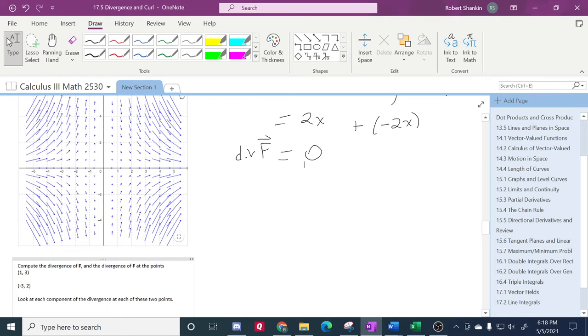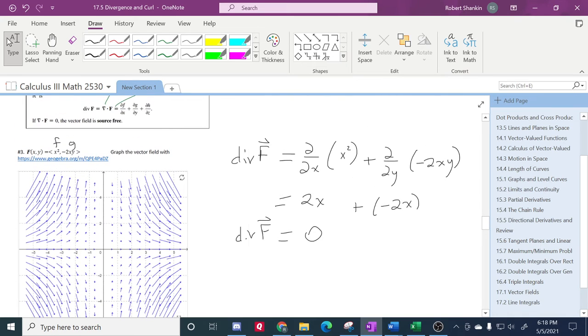Compute the divergence of f at the point 1, 3. So let me write that here. The divergence of f evaluated at the point 1, 3. Now I know I'm going to get 0 because it's 0 everywhere. But let's put it into this formula.